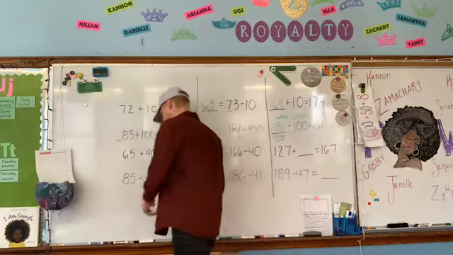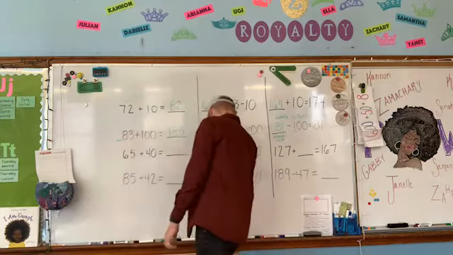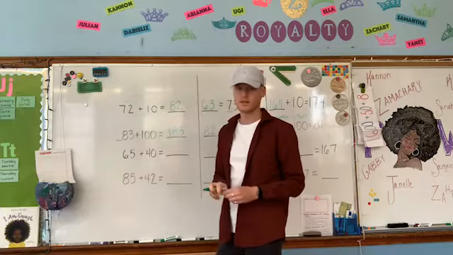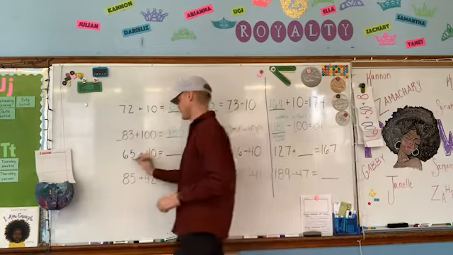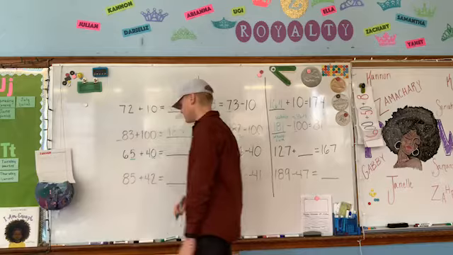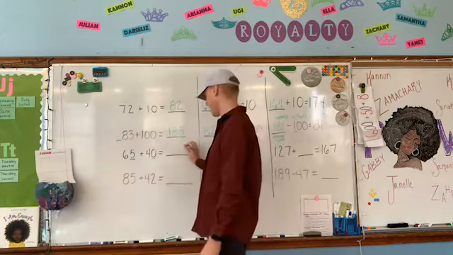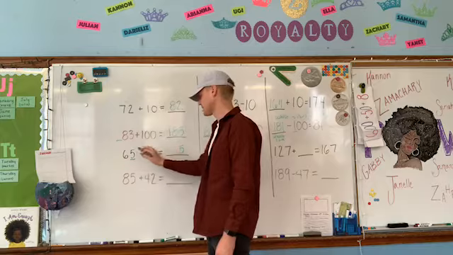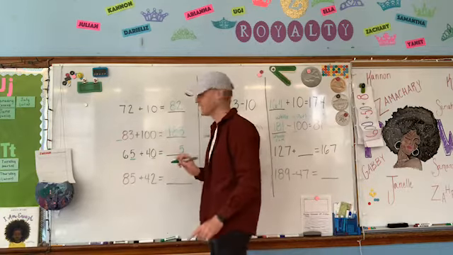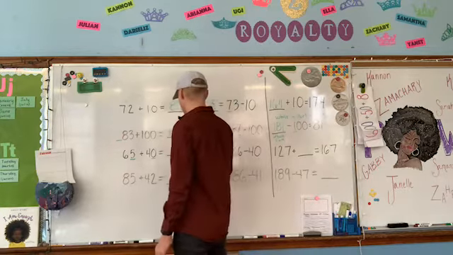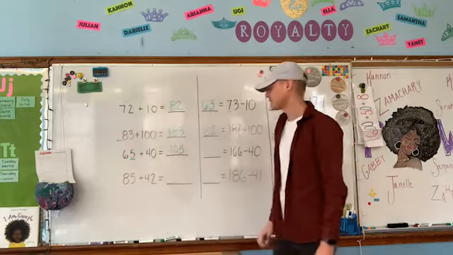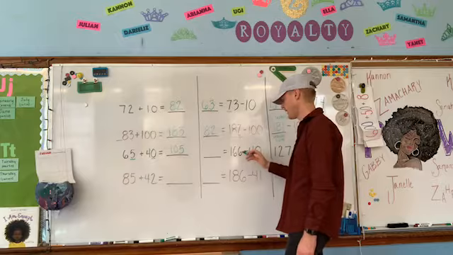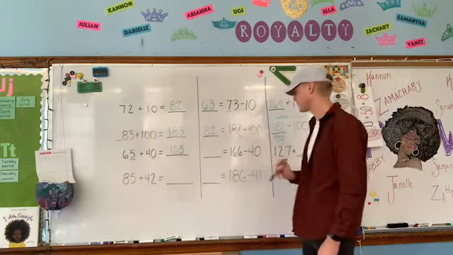All right? Moving on to 65 plus 40. Looking at my ones place, I have 5 plus 0. There's no carrying, so I'm just going to put a 5. 6 plus 4, I know that's 10, so I'm just going to write 10. And I know 65 plus 40 is 105. Next, I have 166 minus 40.